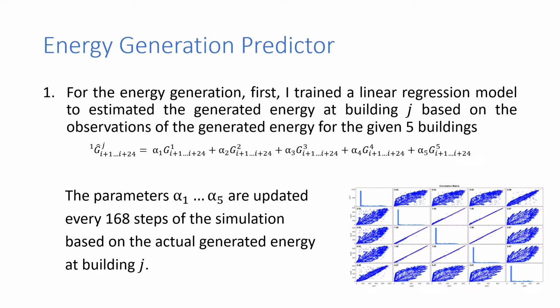The parameters alpha 1 to alpha 5 are updated every 168 steps of the simulation based on the actual generated energy at building J. This kind of model is motivated by the high correlation between the generated energy of the buildings. As you can see, the correlation between building 1 and building 5 is 0.98, and the correlation between the generated energy in buildings 2, 3, and 4 is almost 1.